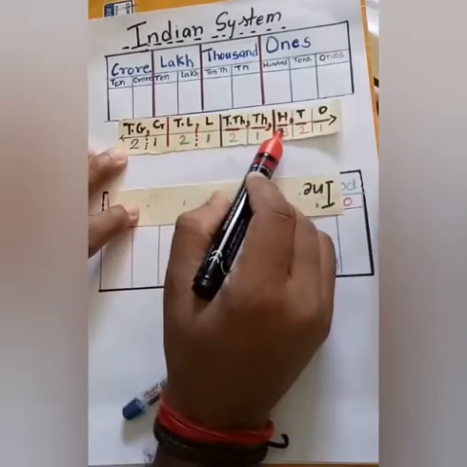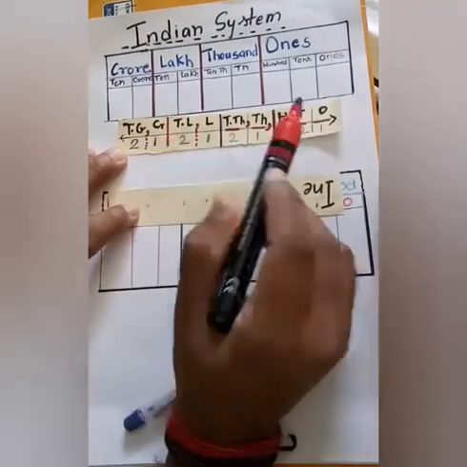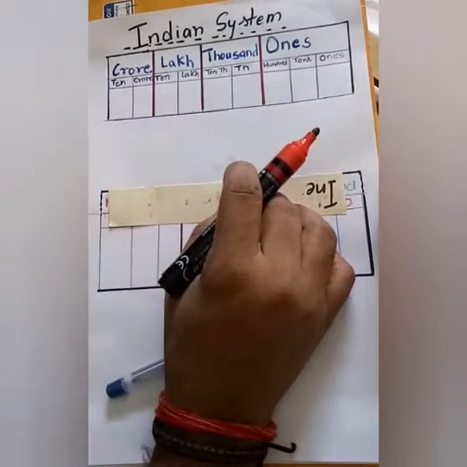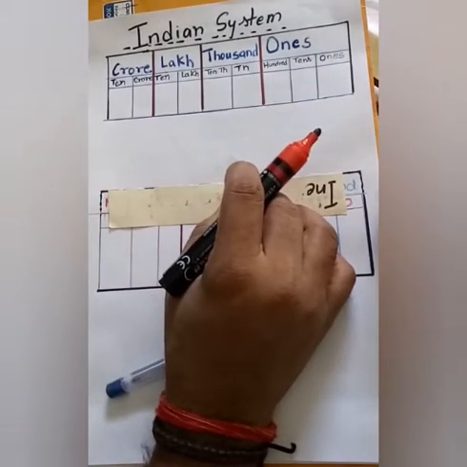So this is how numbers are divided by commas. Let's understand with some numbers I put here.